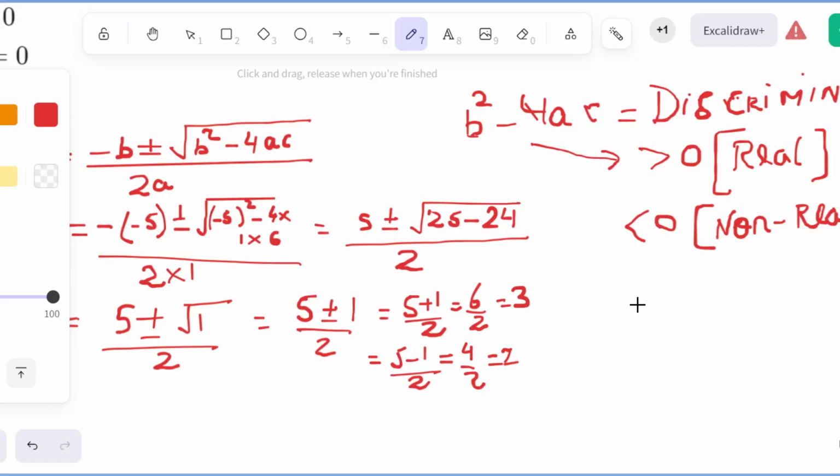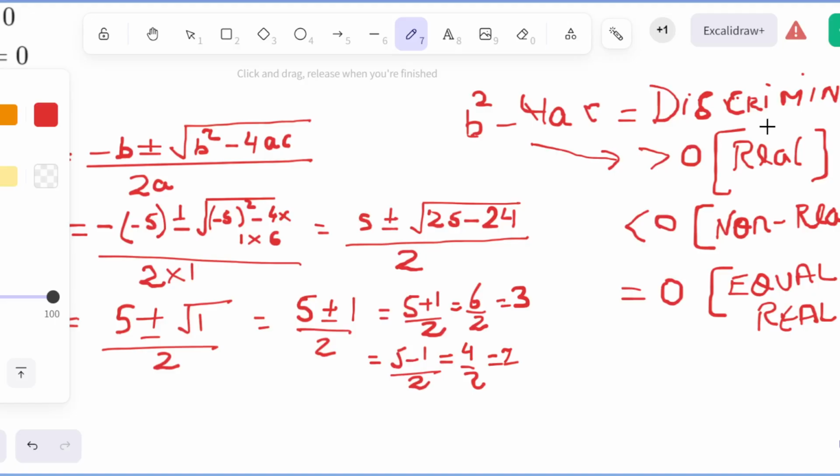Now, another possibility can be, what if it is equal to 0? If it equals 0, you get two equal real roots. Equal real roots. Roots are nothing but the values of x. Here it will be different when it's greater than 0, as in the case of this example, you got real roots. 3 and 2 are real numbers.